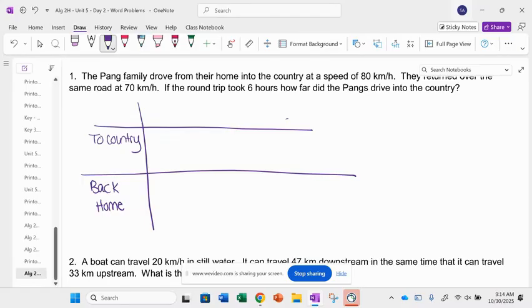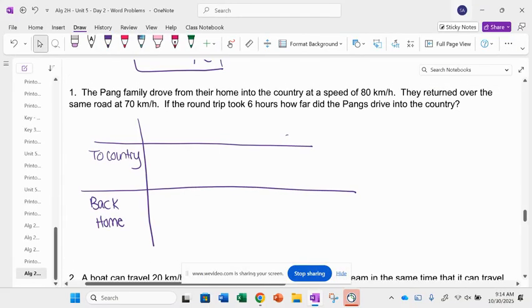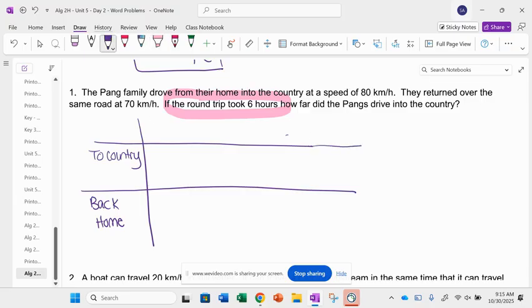And here they're saying the round trip took 6 hours. So what do I have the total of? Their total what? There and back? Total time, right? I have the total time there and back. So since I have the total time, I'm going to put that time last.